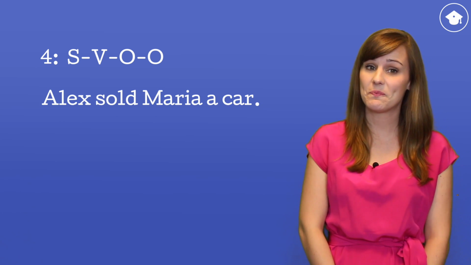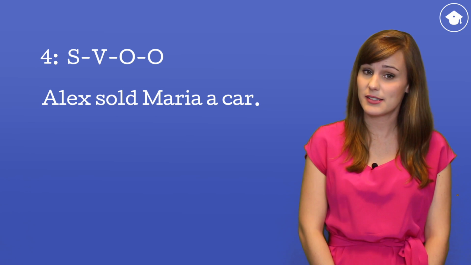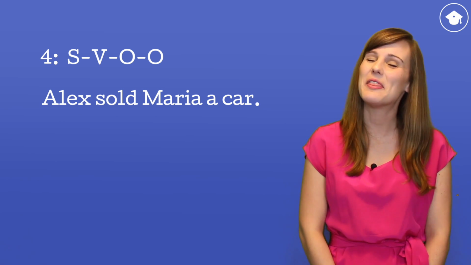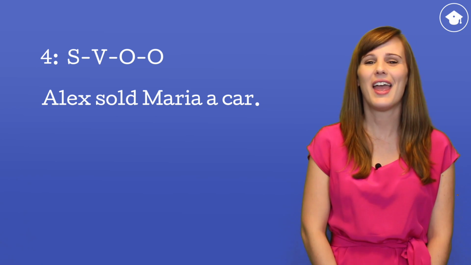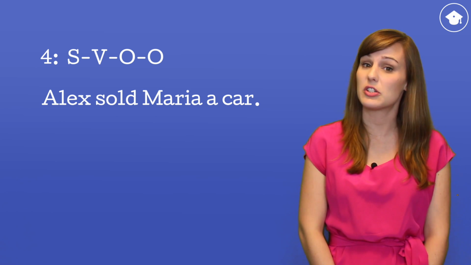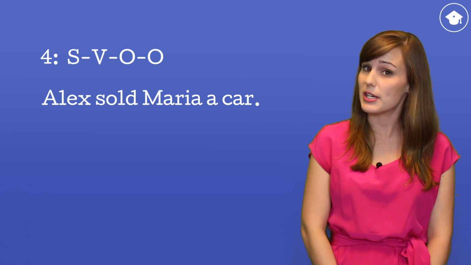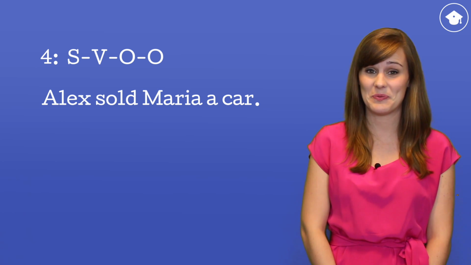The sentence structure has 2 objects. How does that work? Here's an example. Alex sold Maria a car. Here the subject is Alex, the verb is sold, and there are 2 objects, Maria and a car. The second object is what Alex sold, and the first object is who he sold it to.